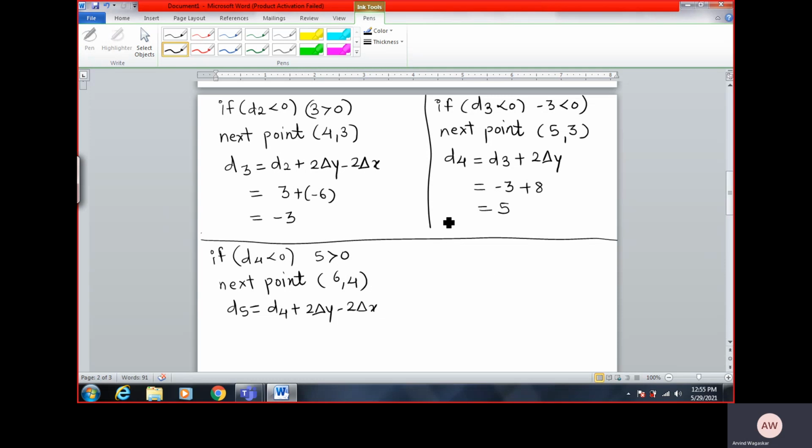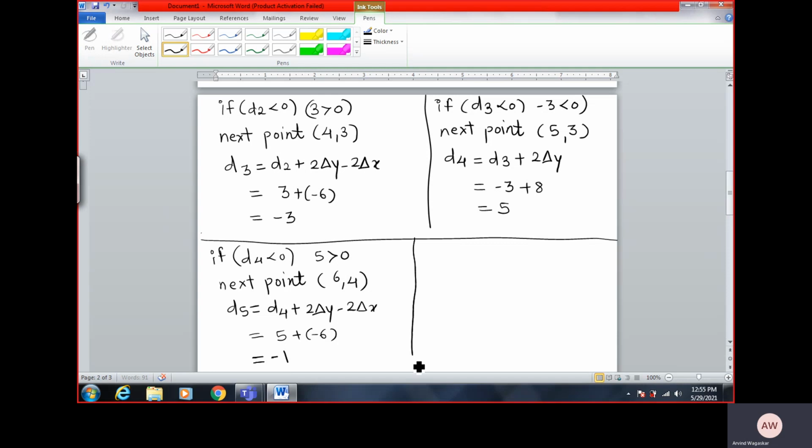So d4 was 5 plus twice delta y minus twice delta x, which is minus 6. So 5 minus 6, you get minus 1.